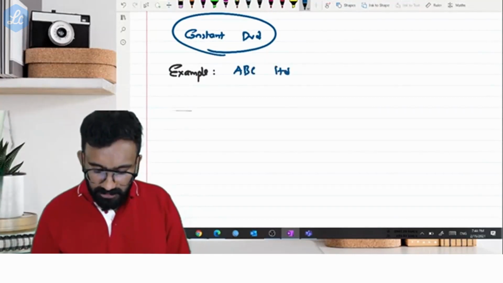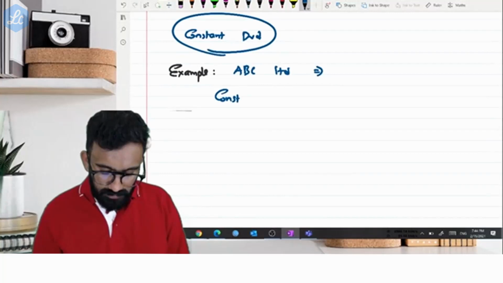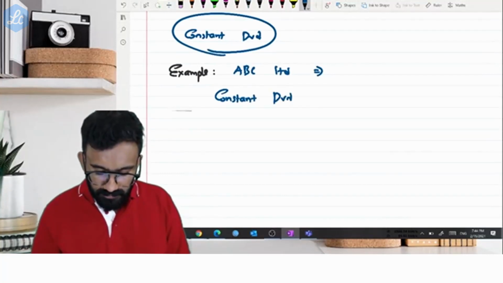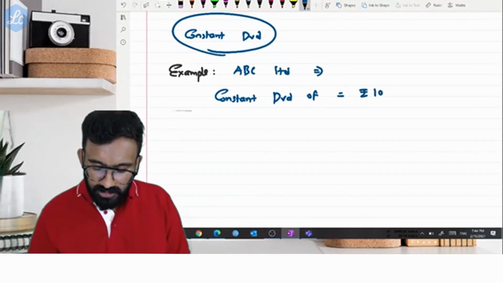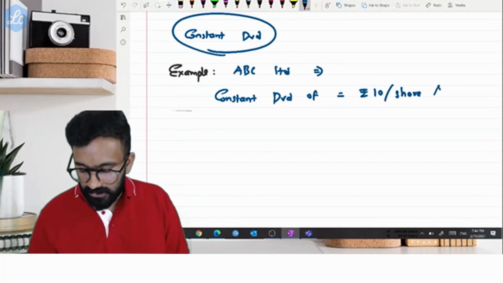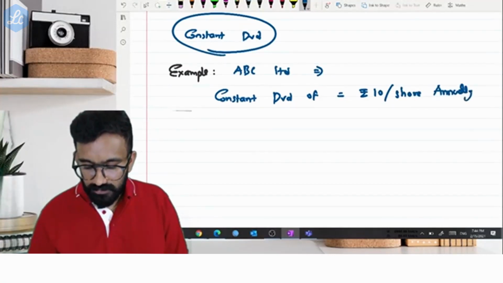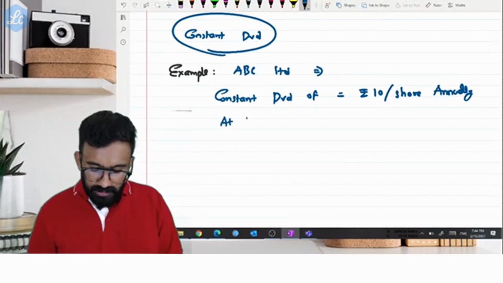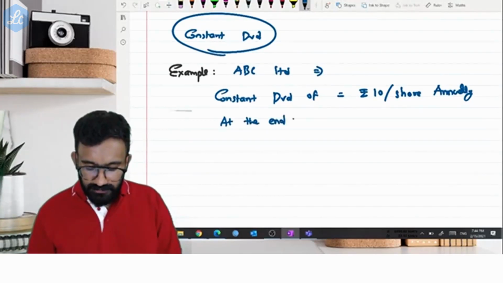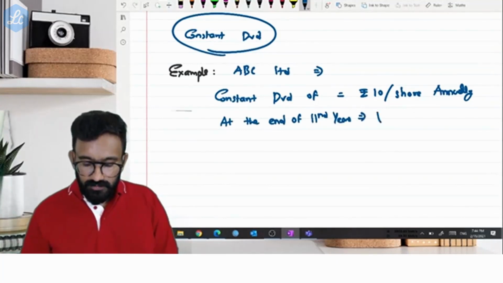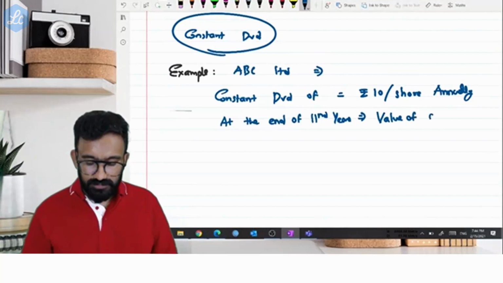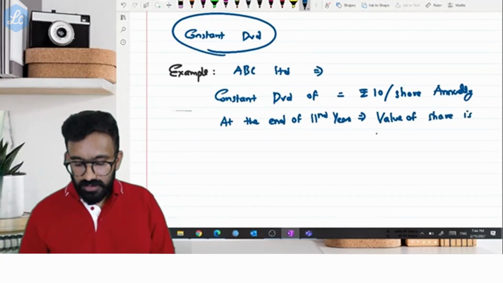ABC Limited is a company which gives constant dividend of rupees 10 per share annually, and at the end of the second year, the value of the share is expected at rupees 50.